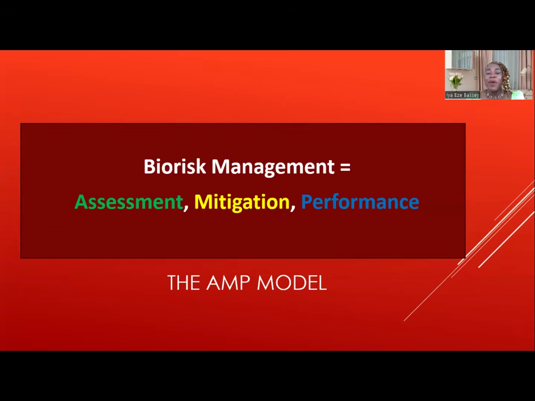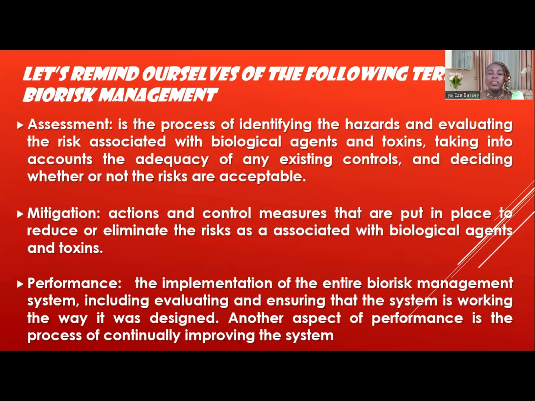So we get back to biorisk management, and the model we use is the AMP model, that is the Assessment Mitigation Performance Model. I would like us to really remind ourselves what this is all about. Assessment talks about the process of identifying the hazards, you evaluate the risk associated with them, and you take into account the adequacy of any existing controls and decide whether or not the risks are acceptable.